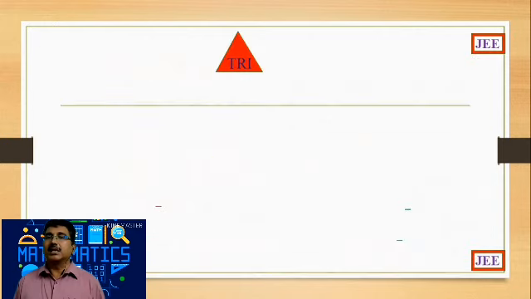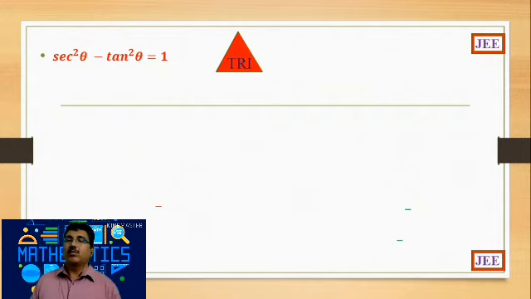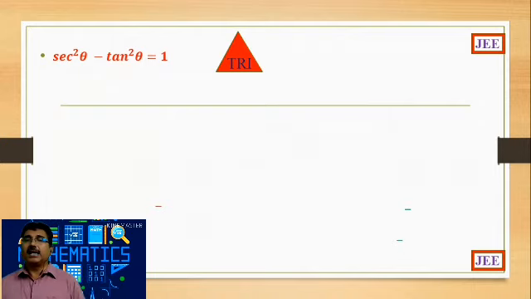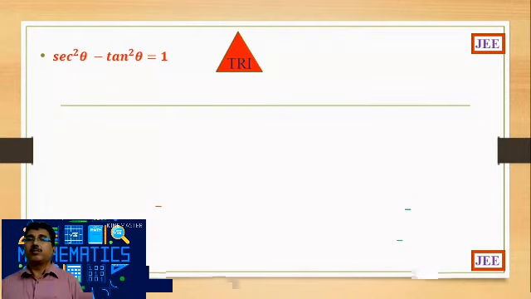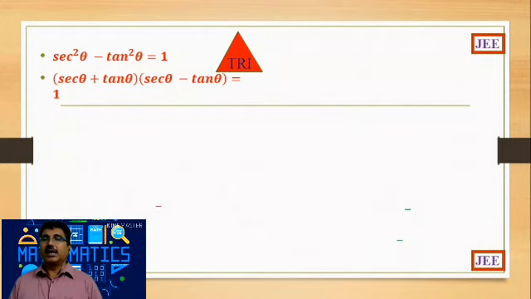Now another concept: secant square theta minus tan square theta is equal to 1. From this we can write secant theta plus tan theta into secant theta minus tan theta is equal to 1. Therefore, the two numbers are reciprocals to each other.